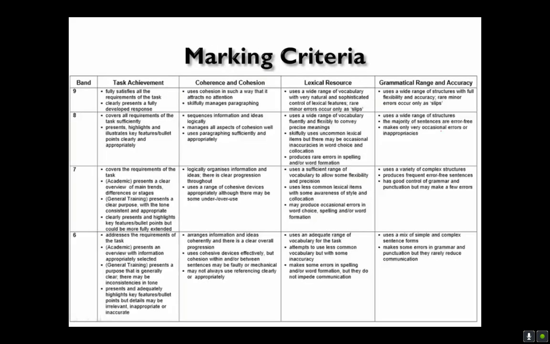So this is the marking criteria. Every IELTS examiner, when they're marking task 1, has this right beside them. And they use these 4 criteria: task achievement, coherence and cohesion, lexical resource, grammatical range and accuracy, to give you a band score. So you'll see along here are the band scores. So 6, 7, 8, 9.